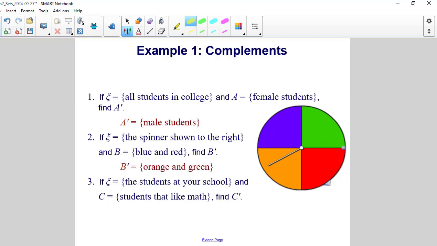They would be the colors orange and green. So the complement of B would be the color sectors orange and green. Number 3, if the universal set is the set of students at your school, and C represents the students that like math, the complement of C would be the students that do not like math.